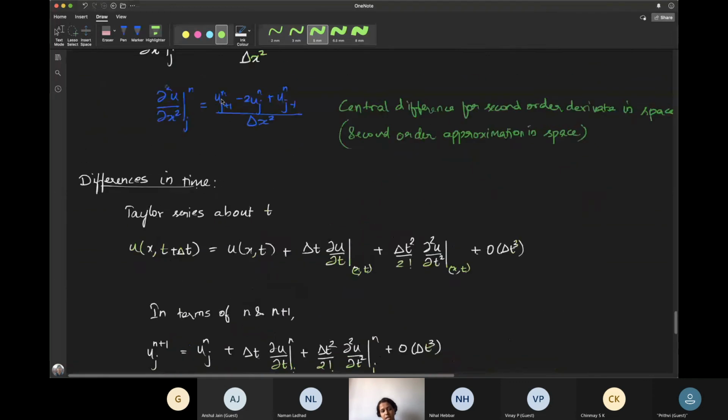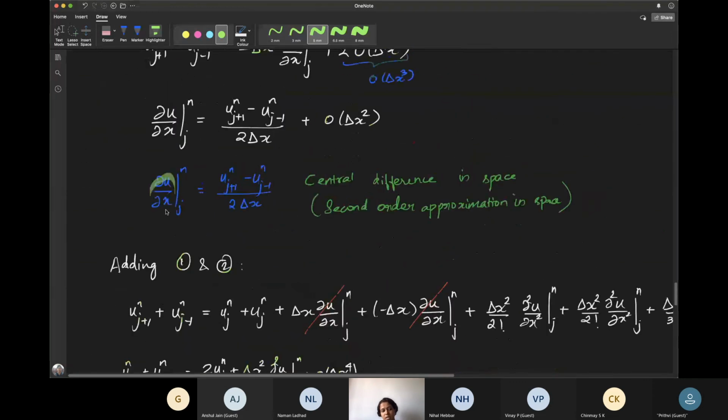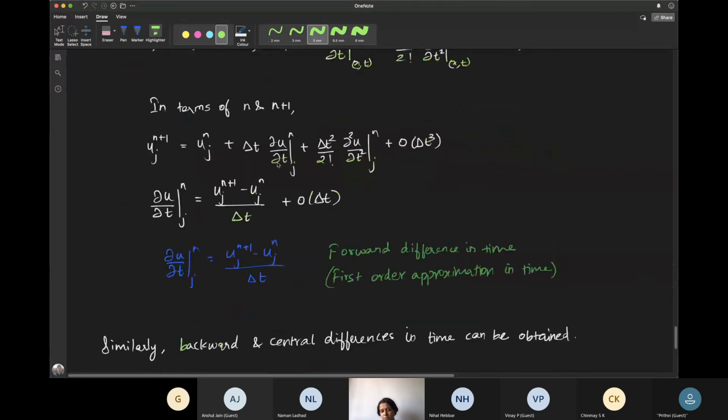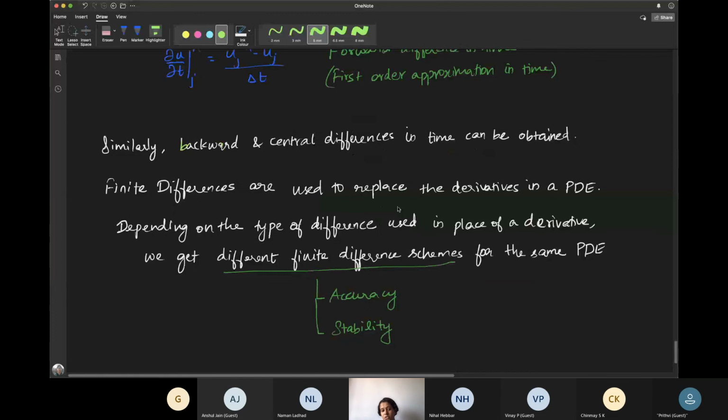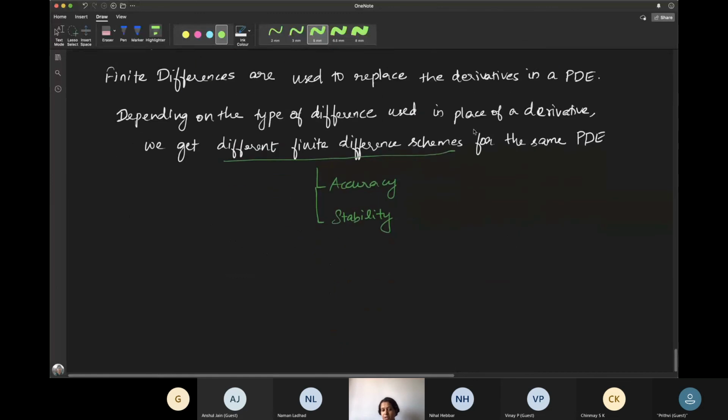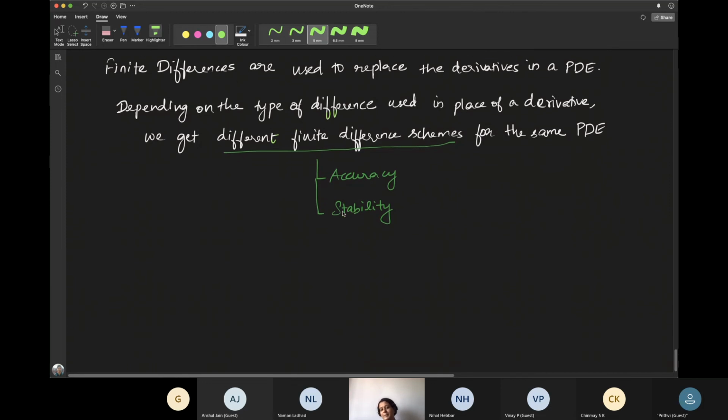That is, your same dou u by dou x can be written in either forward difference form, central difference form, or backward difference form. Depending on which form you write, you get different finite difference schemes, and each of these will have different accuracy and stability properties.